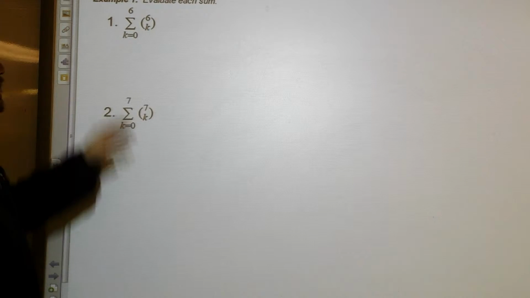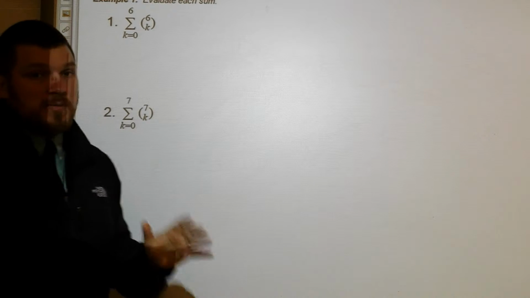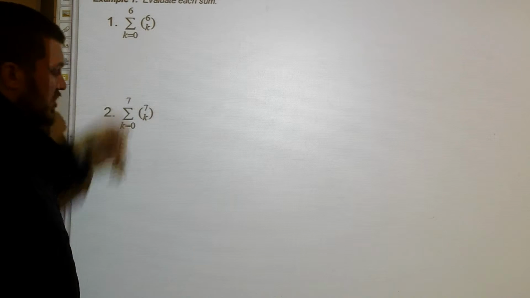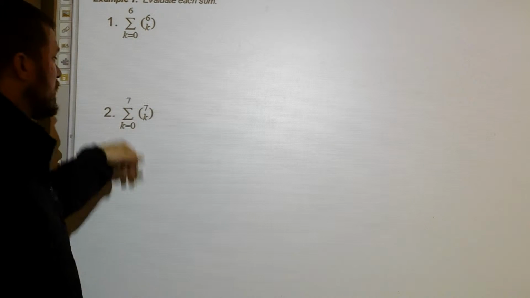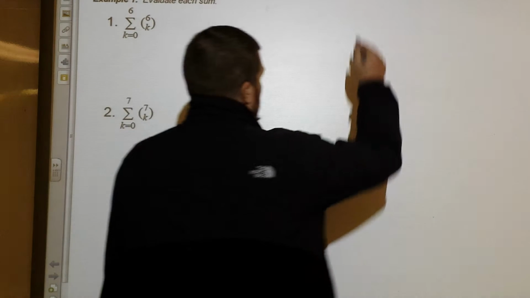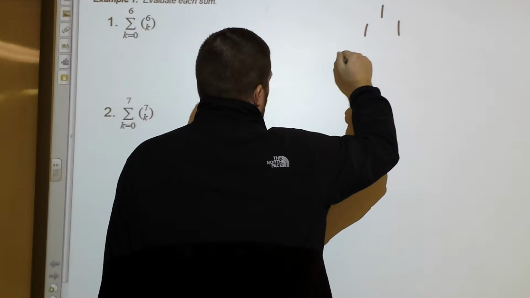So now let's actually do a few examples. Alright, so I want to evaluate each sum. Now, this might look kind of crazy. We're talking about Pascal's triangle and summing. In this problem, we're going to the 6th row of Pascal's triangle. In this problem, we're going to the 7th row. So I'm going to just draw out Pascal's triangle all the way to the 7th row.